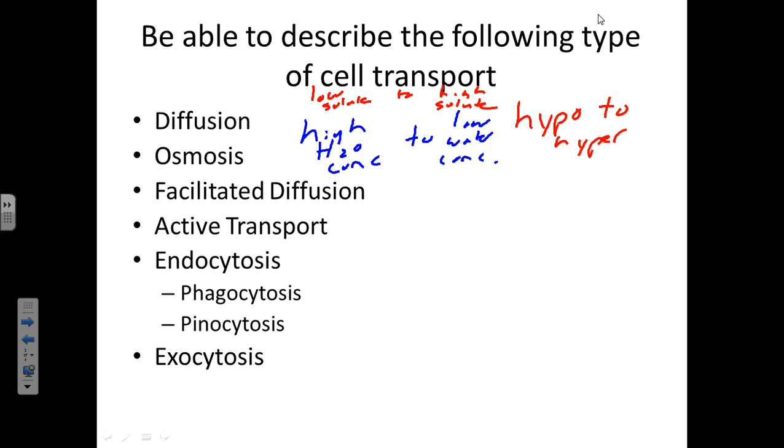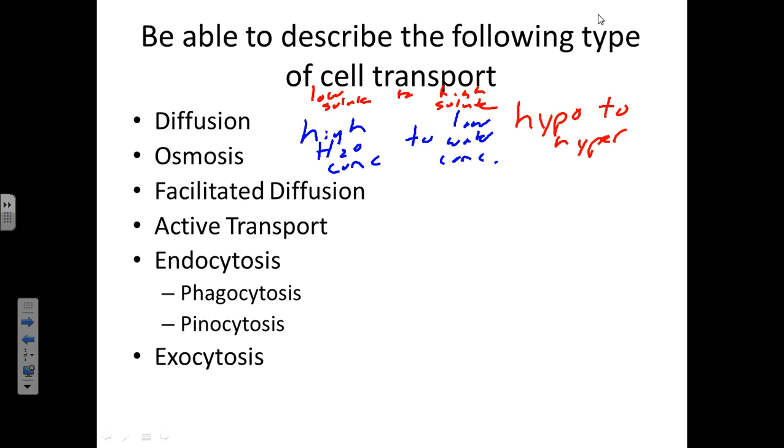Still moving from high to low. So it's still what kind of process? It's diffusion, but it doesn't require the cell to use what? ATP. So what's the word for that? Passive. What provides the energy to make it happen? Heat in the environment. It doesn't have to use its own energy.